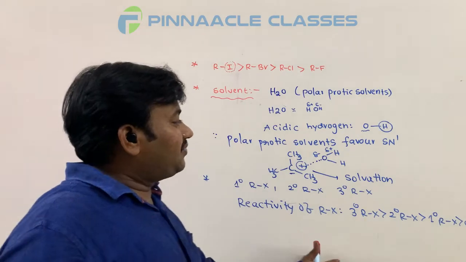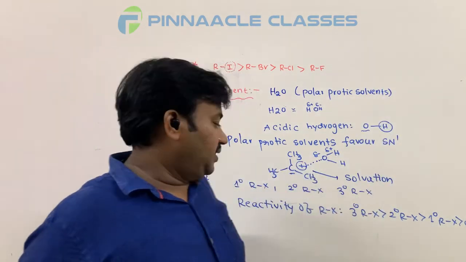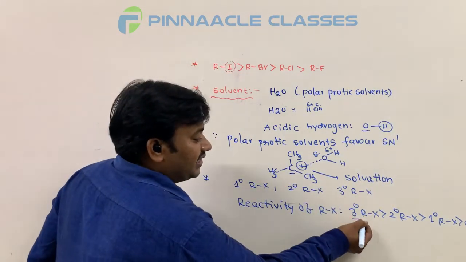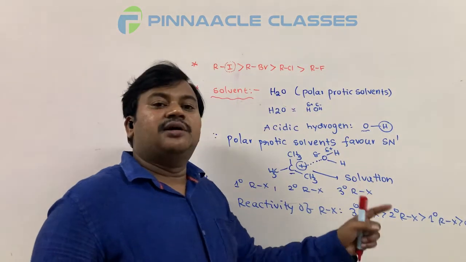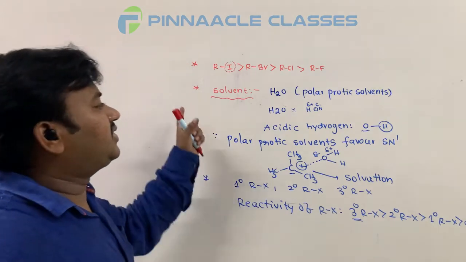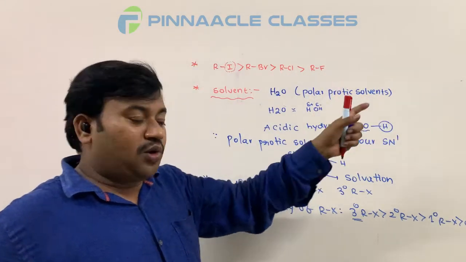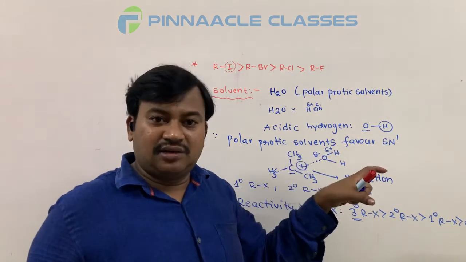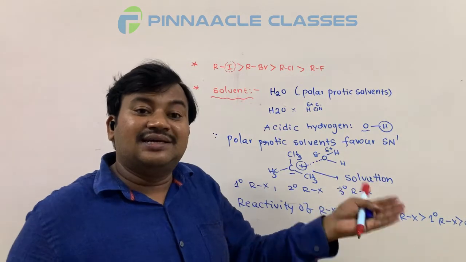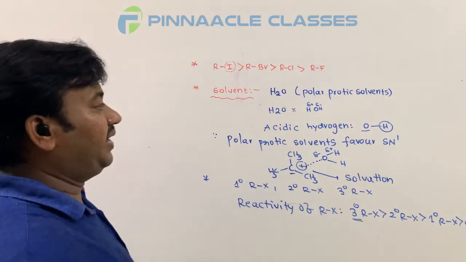This is the reactivity order towards the SN1 mechanism. Because the resultant carbocation is more stable, tertiary alkyl halide is more reactive in SN1. Regarding solvent, polar protic solvents stabilize the carbocation by dipole-dipole attraction, the charge on carbon decreases, the rate will be enhanced, and stability will be enhanced.